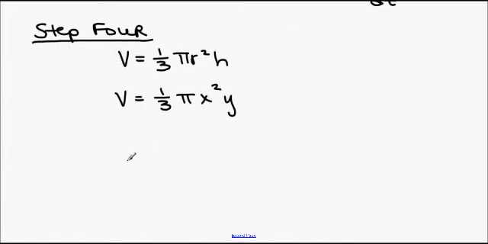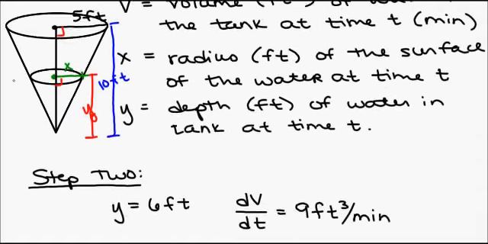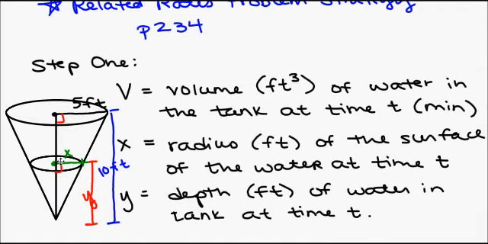Using similar triangles, x over y equals 5 over 10. Side x, which is this radius, and side y, which is the height at time t of the water, are both sides of the smaller triangle.